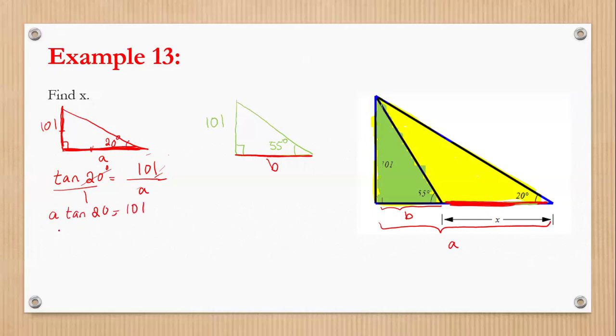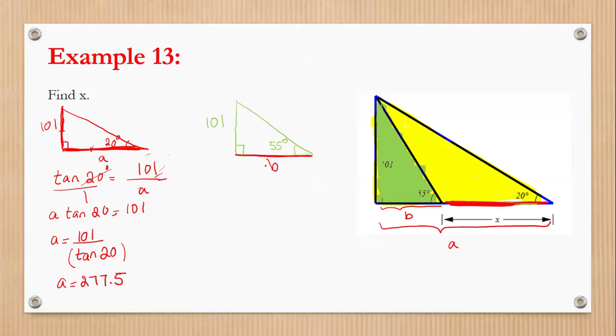Dividing both sides by the tangent of 20, A is 101 over tangent of 20. When you're typing this in the calculator, put the whole tangent of 20 in parentheses, so you don't confuse the calculator with order of operations. So we say 101 divided by tangent of 20, close the parenthesis, and the answer is 277.5, rounded to one decimal.